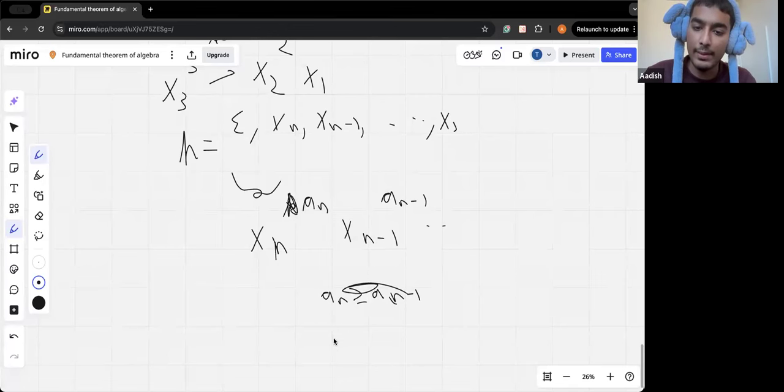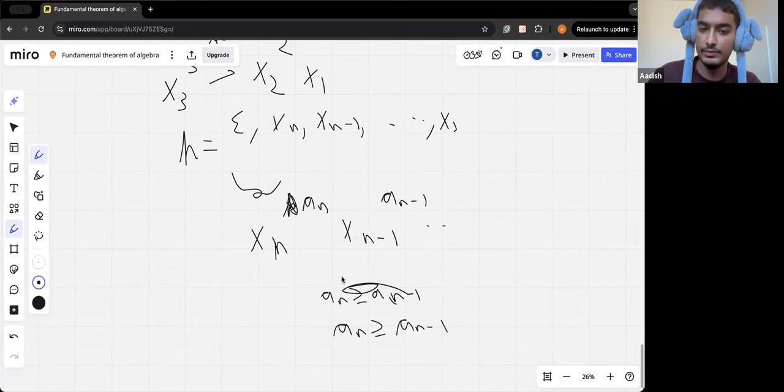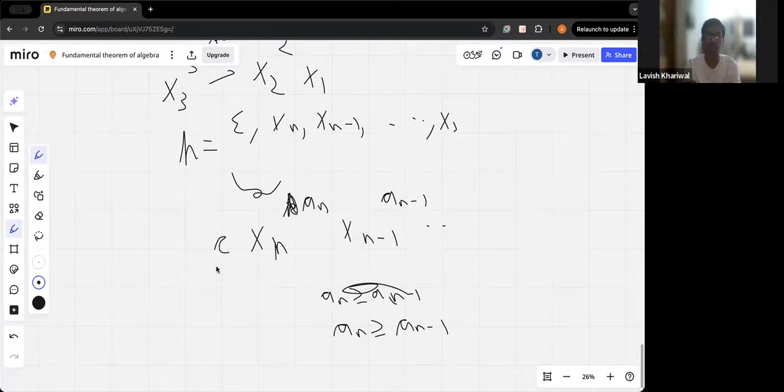Okay, why must this be true? Why must an be greater than or equal to an minus 1? We defined it like that.